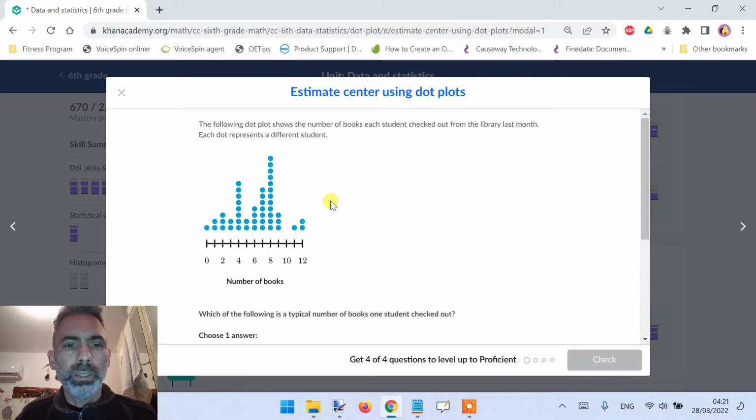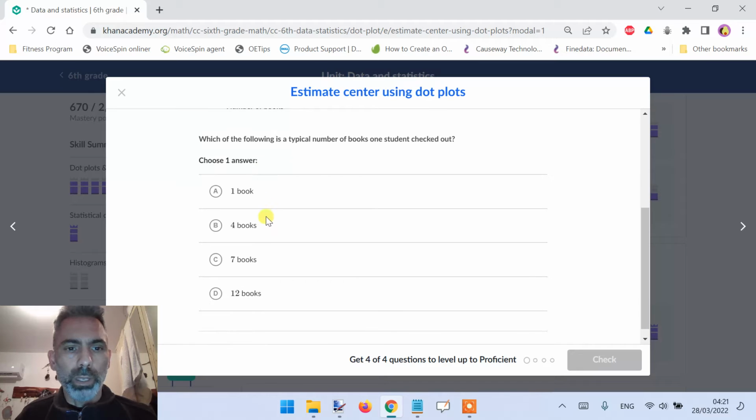And we see that most of the dots are concentrated on the right side of the number line, and there are distinctively many students who checked out 8 books, and there are also many students who checked out 4 books, but we see that the majority of the dots are concentrated on the right side of the number line.